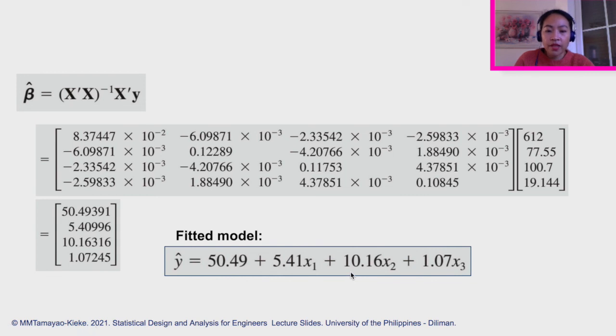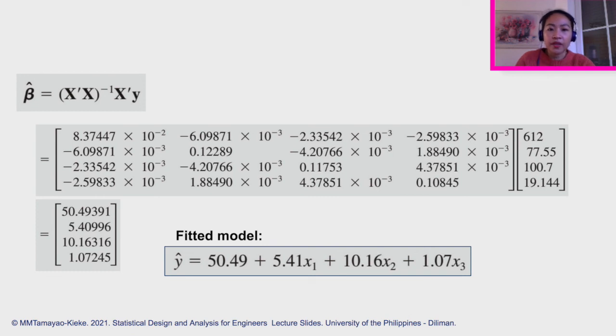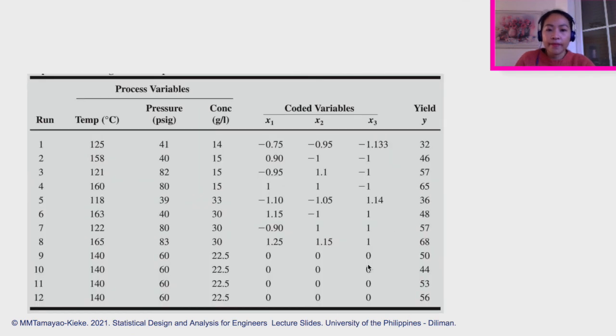This would be our fitted model. Comparing it with the original model, since the deviations are not that big, the resulting fitted model is also not very different from the original one. As you can see here, the deviations are not so big.